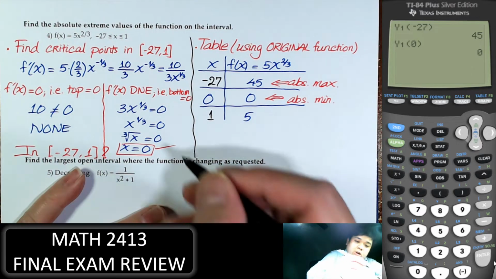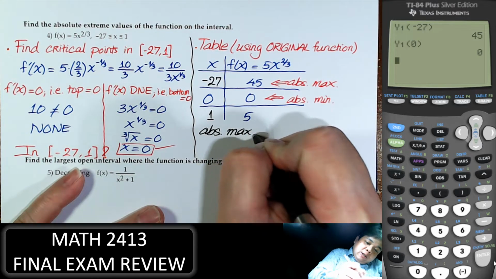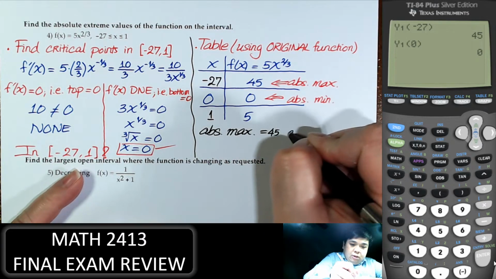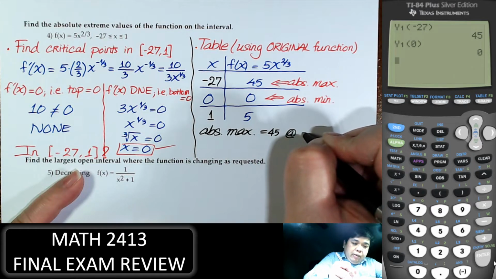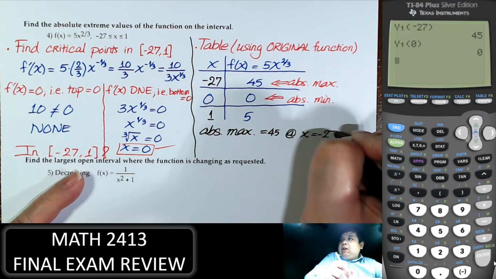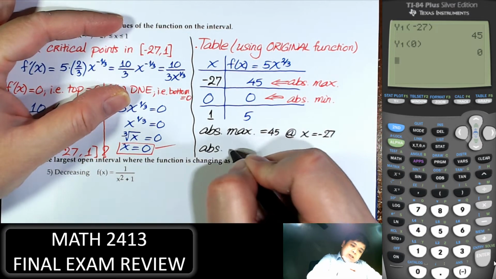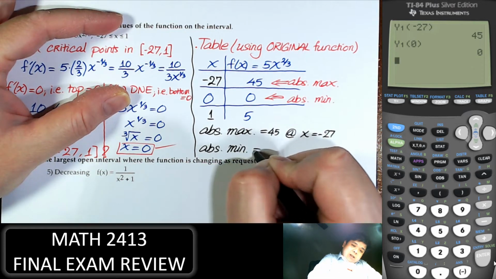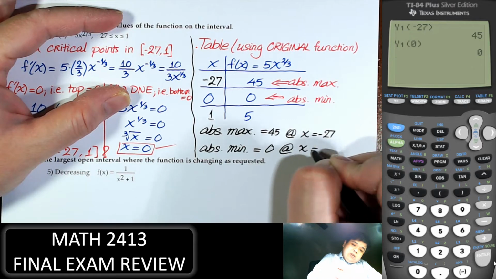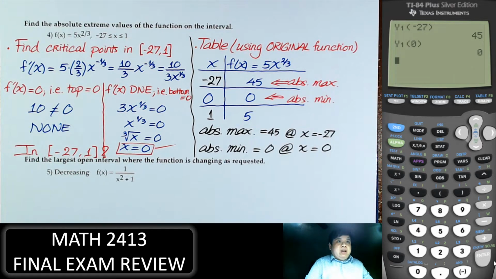So the conclusion: absolute max equal to 45 at x equal to negative 27, and absolute min equal to 0 when x equal to 0. This one we want absolute extreme values, so absolute max or absolute min.